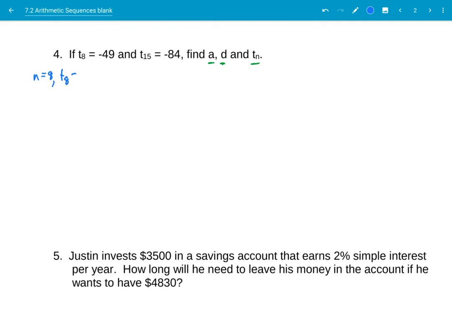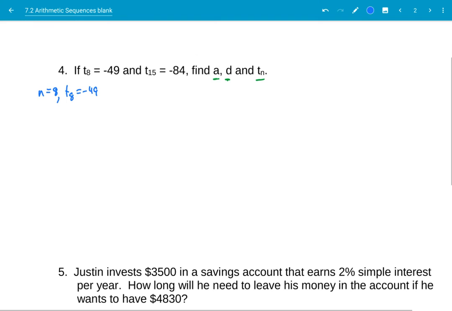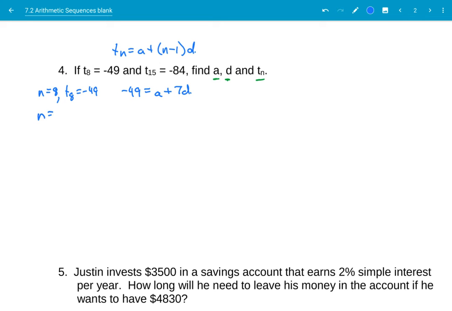When n is 8, T8 is negative 49. So remember, we're going to use Tn is equal to A plus n minus 1 d, right? So here we go. Negative 49 is Tn. A we don't know. n minus 1, well, n is 8, n minus 1, so that's 7d. When n is 15, t sub 15 is negative 84.